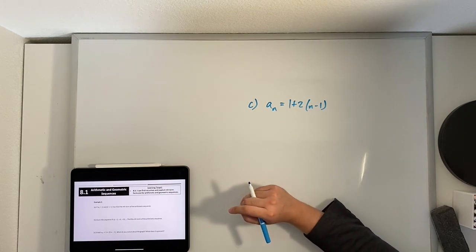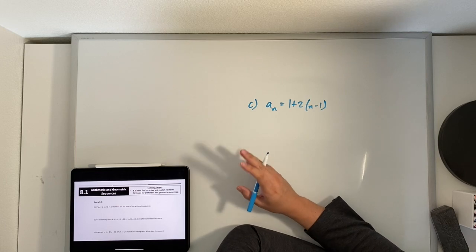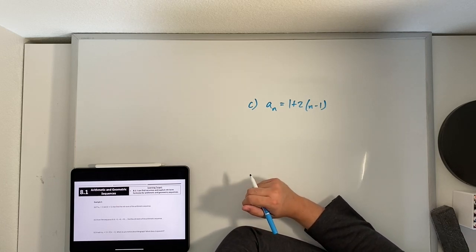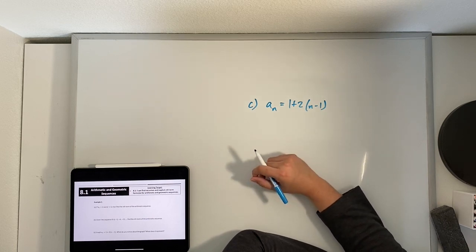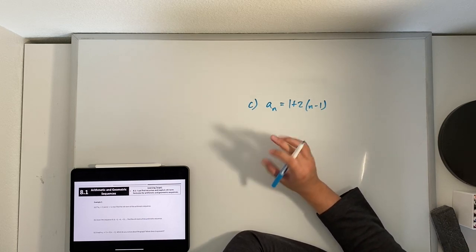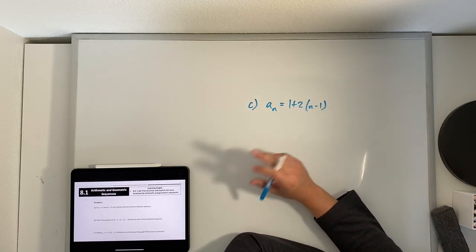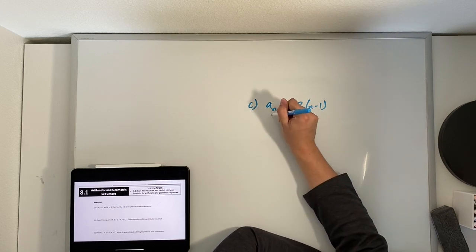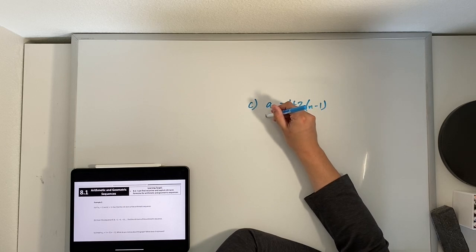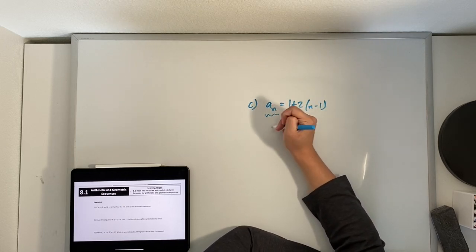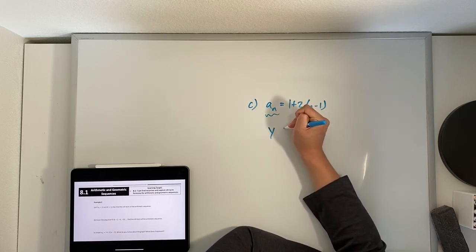An explicit nth term formula is just a function. A sequence is a function. It's just written in a slightly different way. So I know when we're graphing, we're a little more used to seeing a y and an x, an input and an output. In this case, we can rewrite this so we see those familiar variables. Our nth term is our output. So let's call that y.